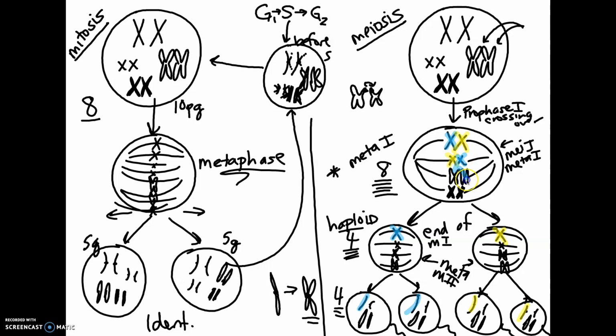And then the third one, maybe the blue one's on the right again, and the fourth one, maybe now the blue one's on the left. It's completely random every time whether you give the blue copy or the yellow copy of each of these chromosomes. So that's independent assortment. That's where we're getting that 2 to the n calculation. So hopefully that clarifies some of the confusing points in the chapter.